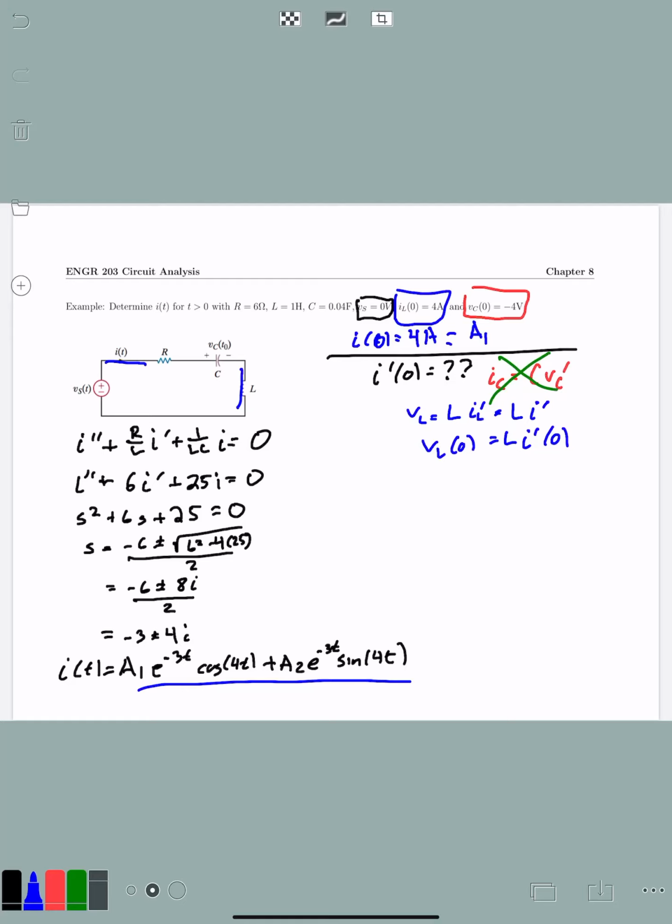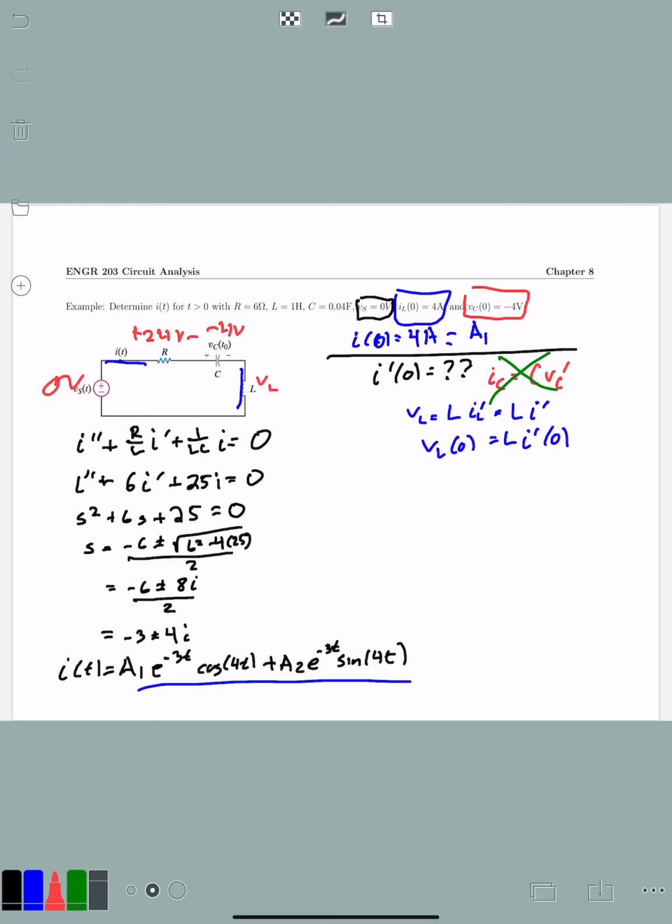However, we do know that the voltage source is 0 volts. We know the initial current is 4 amps and the resistance is 6, so that's 24 volts. And we know the initial voltage across the capacitor is negative 4 volts.